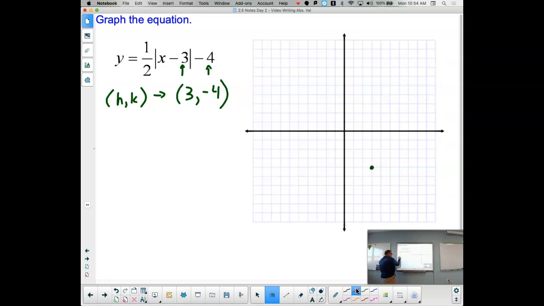My right side slope is going to be 1/2. So from my vertex point, I'm going to go up 1 and right 2, and I'm going to continue on that pattern until I get a couple of points to draw my nice straight line. My left side slope is going to be negative 1/2.